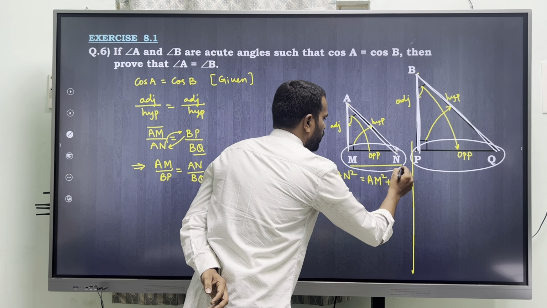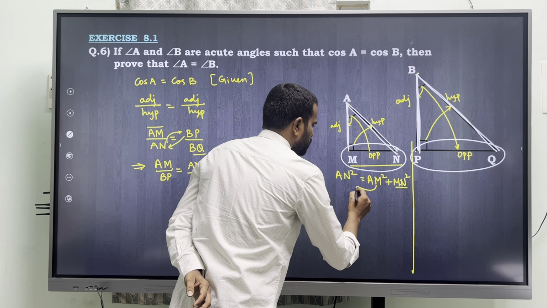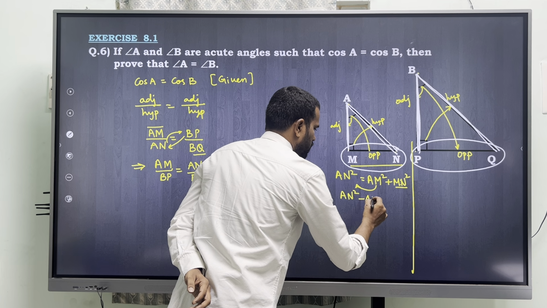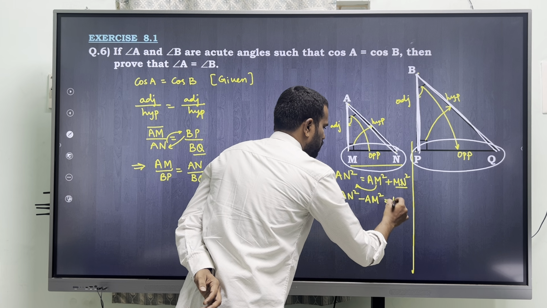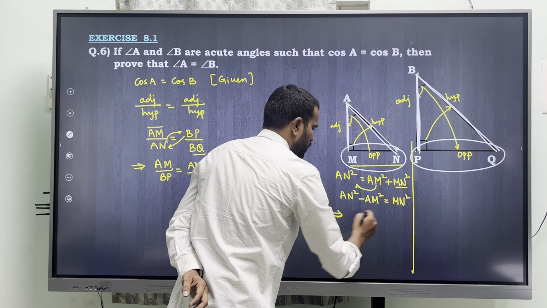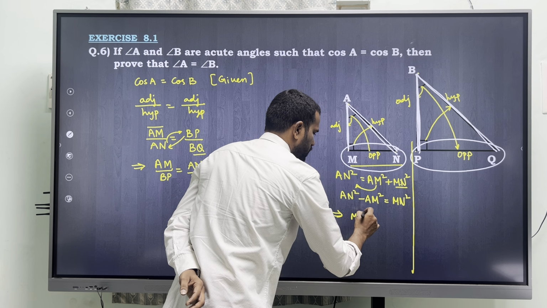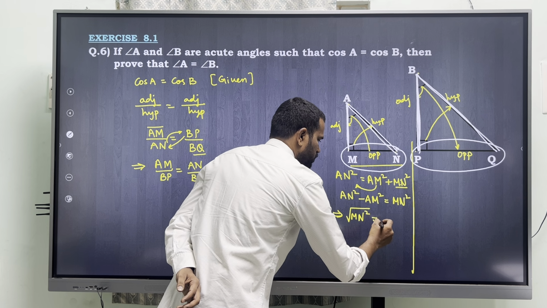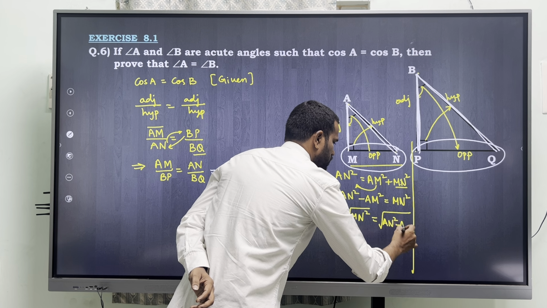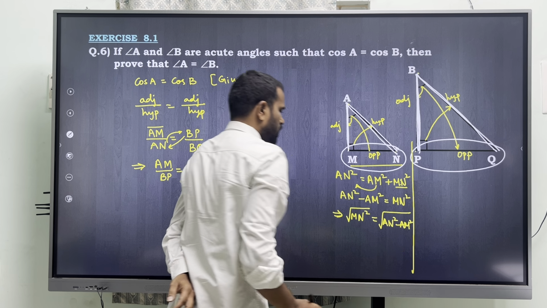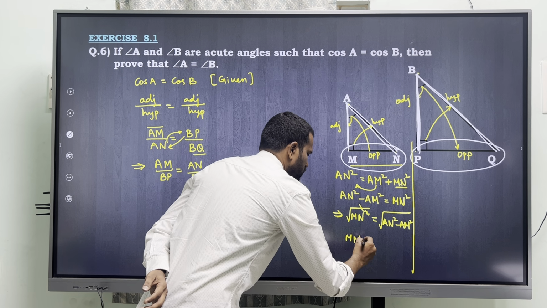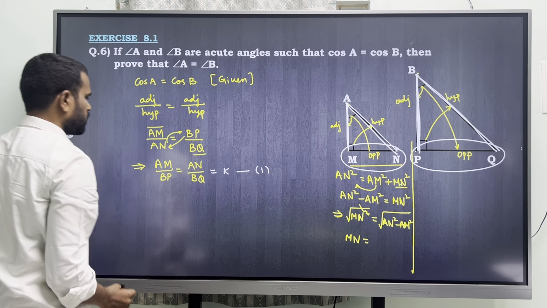What we have to find? MN, right? So send this to this side, AN square minus AM square equal to MN square. That implies, taking square root on both sides, MN is equal to root of AN square minus AM square.